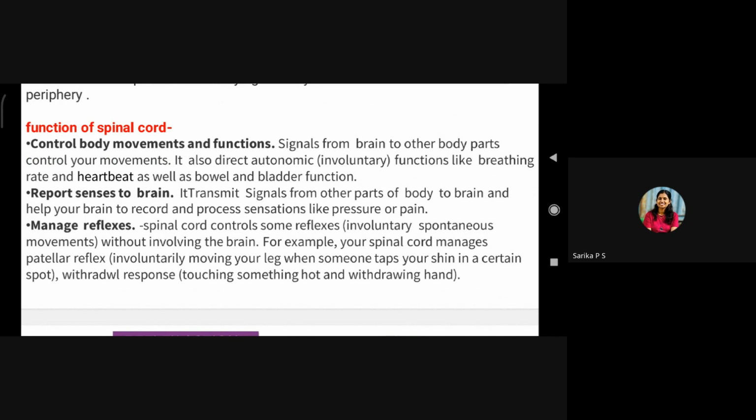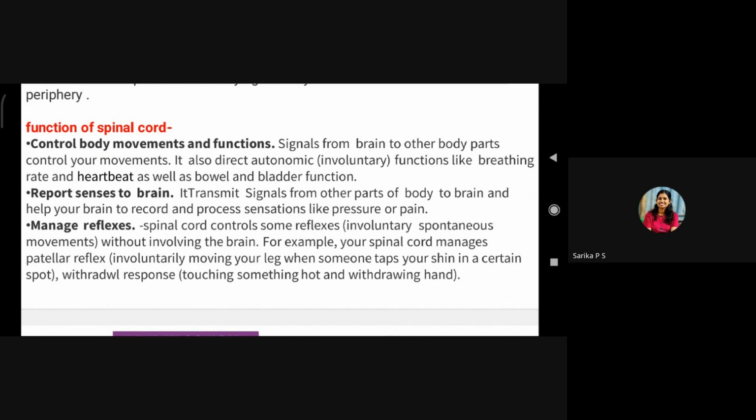Okay, so the information will be carried by sensory nerve to spinal cord. Now spinal cord will send it to brain. The brain will again send it to spinal cord. Then spinal cord will give the information to motor nerve, and motor nerve will give the action.